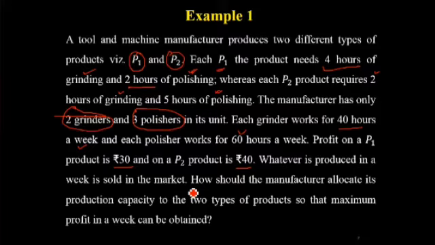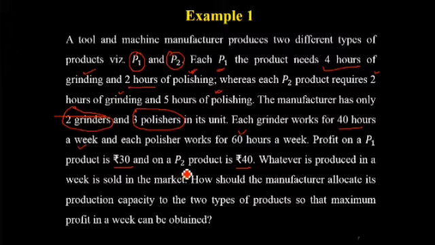We have to bother about how the production will be increased. If production increases, then definitely more product means more profit. But it's not the case that if I produce only P2, then I will get more profit, or only P1 will give maximum benefit.